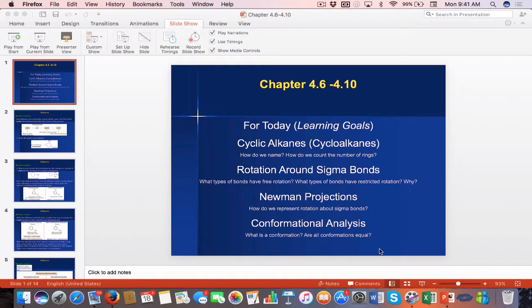All right, we got a little bit of time. Name that, build a model, and then look at the conformations down the C2, C3 bond.